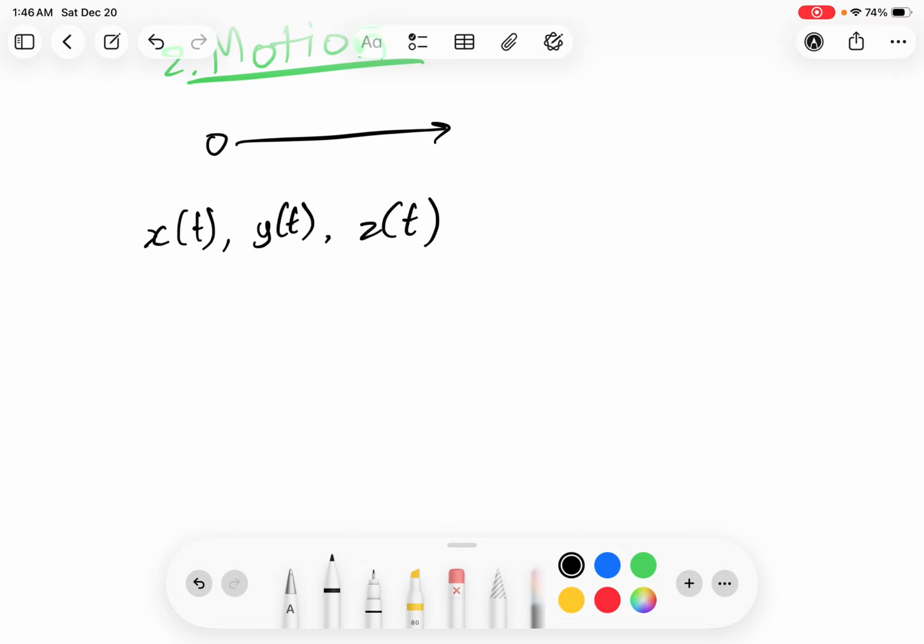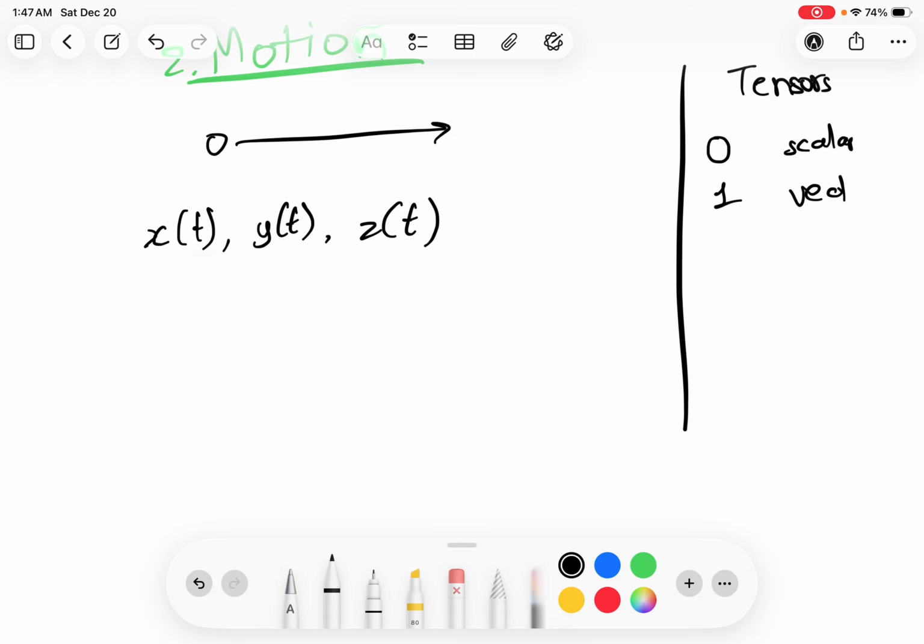Now just to recap, there are tensors of all ranks. A tensor of rank 0 is called a scalar, rank 1 a vector, rank 2 a matrix, and rank n an n-tensor. A scalar doesn't have any dimension, so it doesn't have any direction.